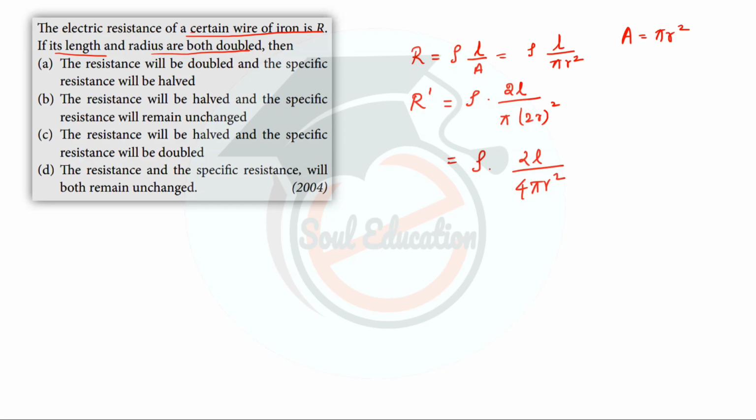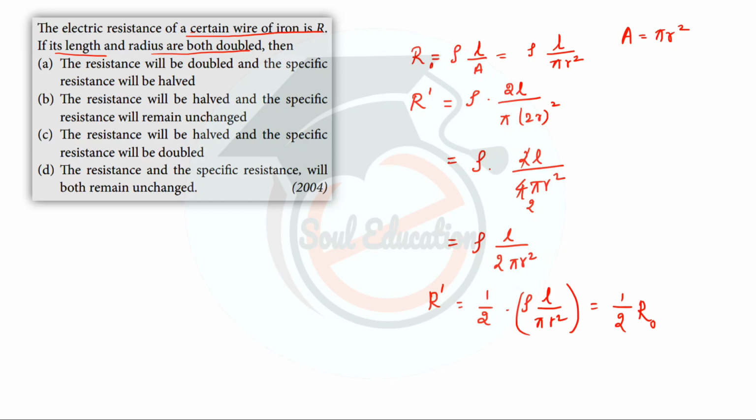Here cancelling, we get 2, so it is rho into L upon 2 pi R square, which is equal to 1 by 2 into rho L upon pi R square. Rho into L by pi R square is my initial resistance, R naught. So my new resistance is equal to R naught by 2. It will get reduced by half.